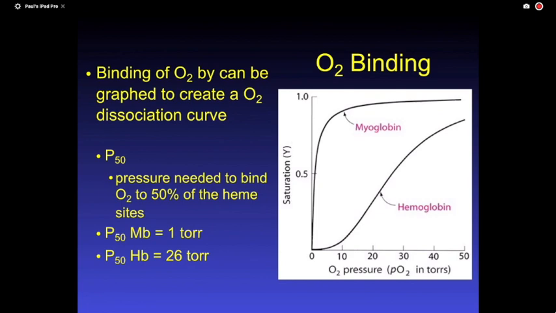All right, here is the binding curve of oxygen. And so we get saturation between 0 and 1, 1 being 100% saturated, and 0.5 being, a very important point, half saturated. Which has more affinity for oxygen?